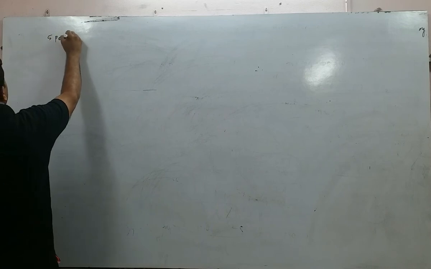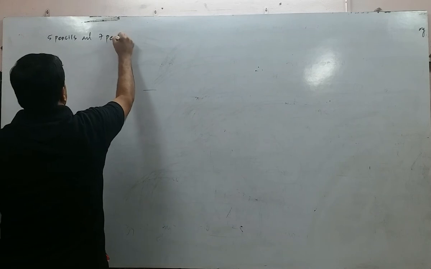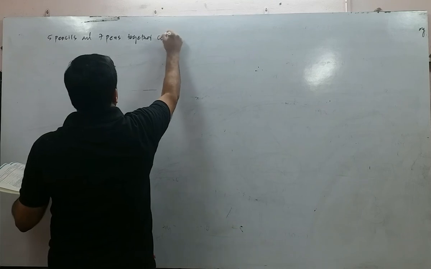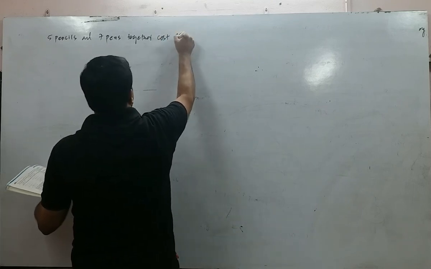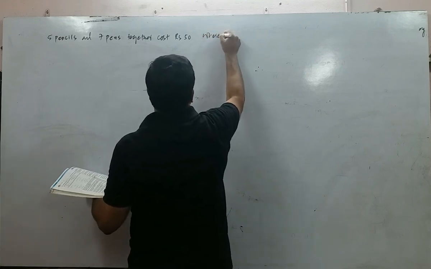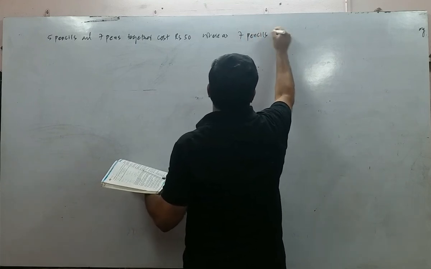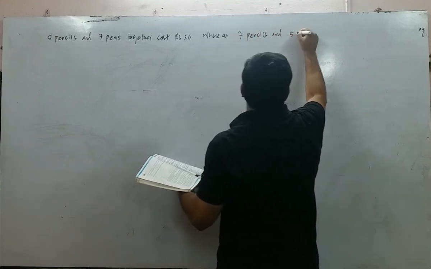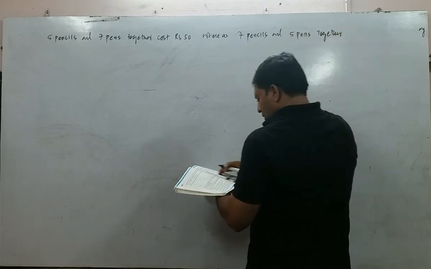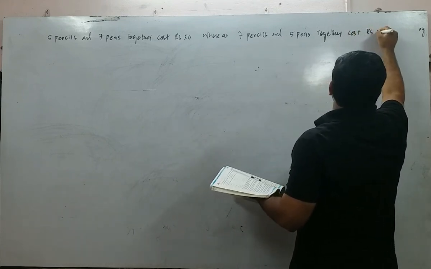5 pencils and 7 pens together cost rupees 50, whereas 7 pencils and 5 pens together cost rupees 46.